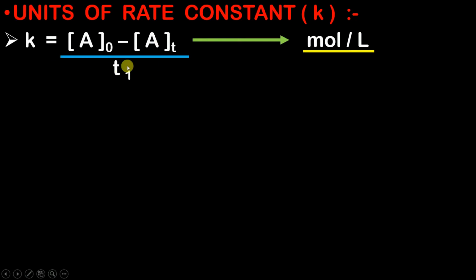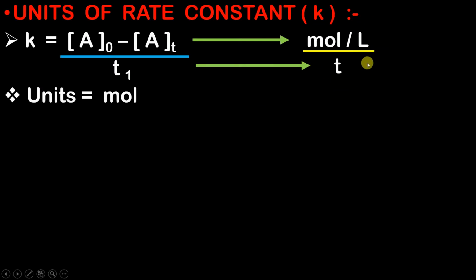And in the denominator, if you observe, there is nothing but time. And time can be in seconds, minutes, hours. According to your convenience, you can assume the time to be in seconds or minutes or even hours. So we just write it to be t. Now guys, can I write these units as somewhat like this? See, this liter will go into the denominator.